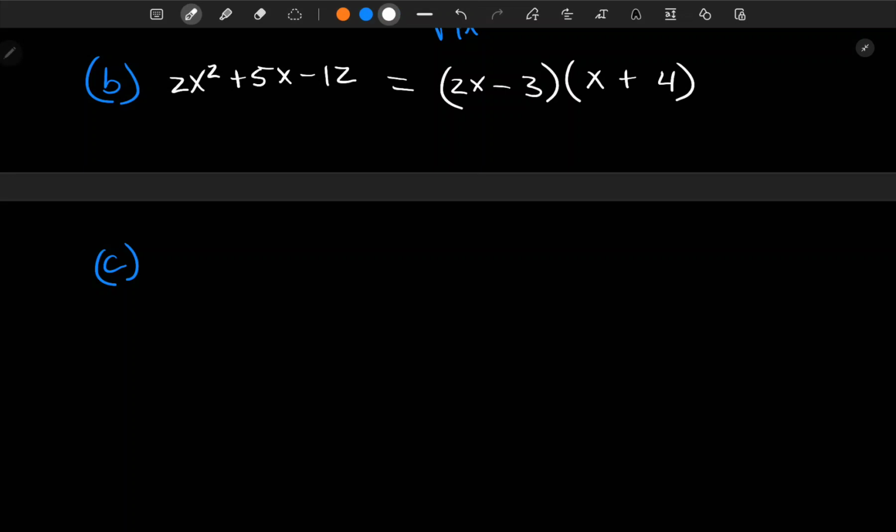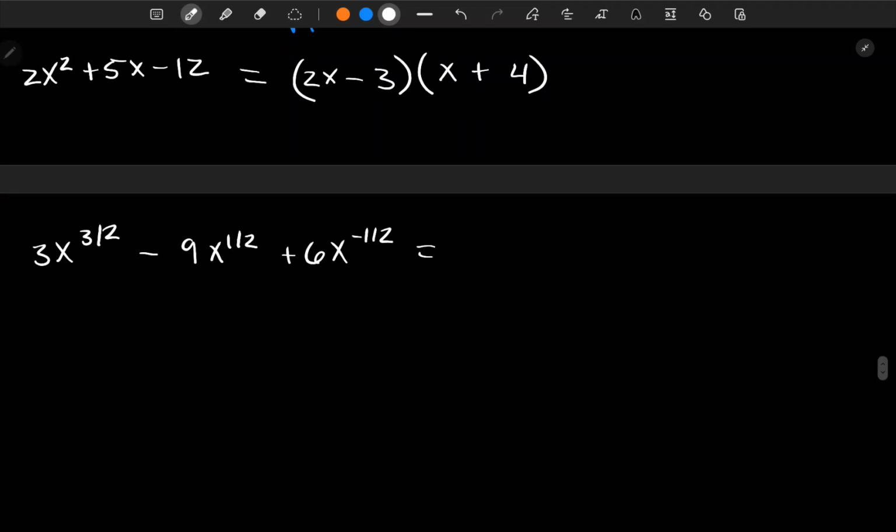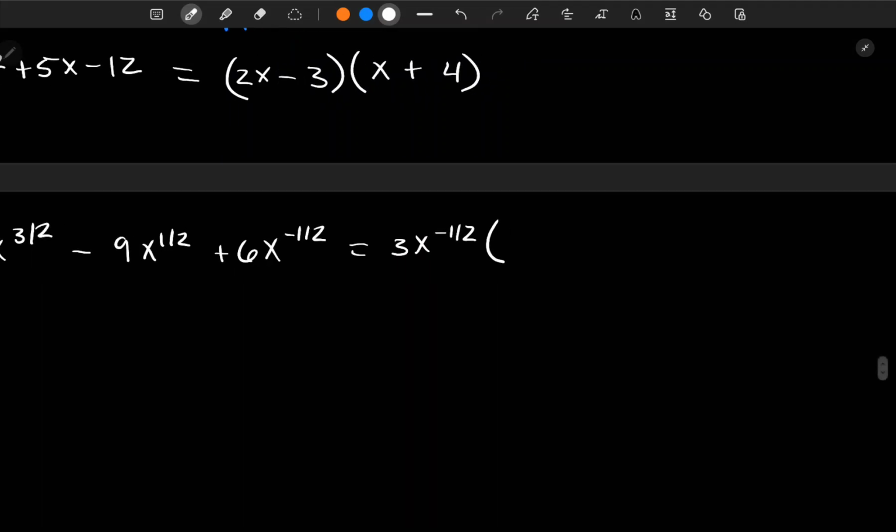What instead we want to look at is, for example, 3x to the 3/2 minus 9x to the 1/2 plus 6x to the negative 1/2. Well, we can factor out, firstly, a 3 and an x to the negative 1/2. What we're left with is x squared minus 3x plus 2.